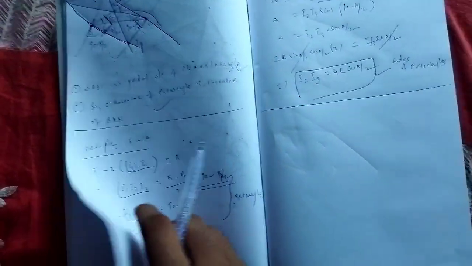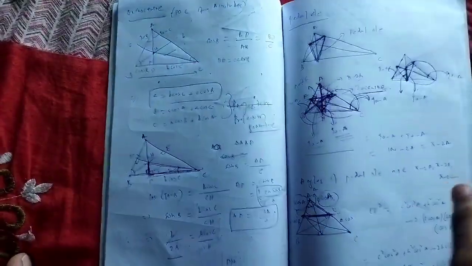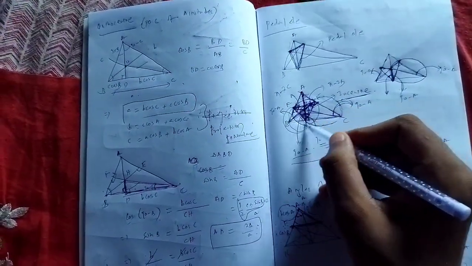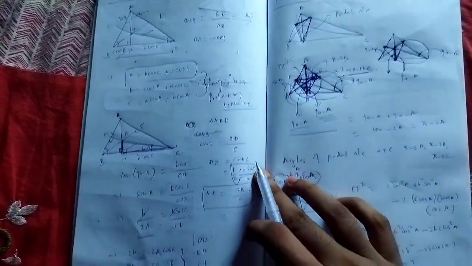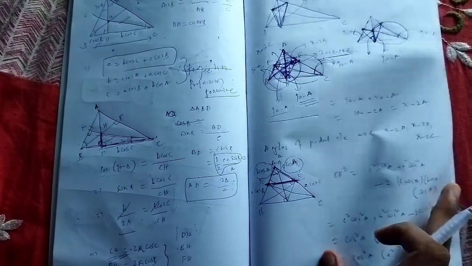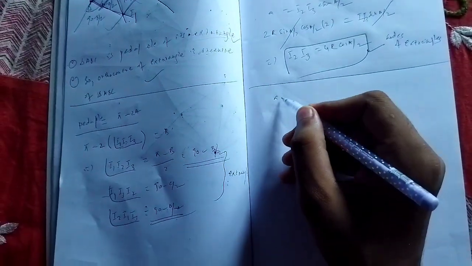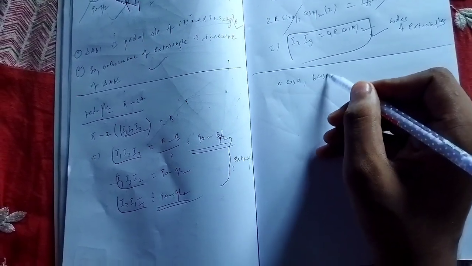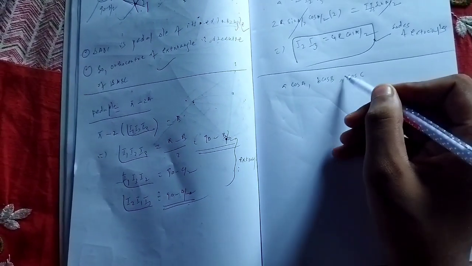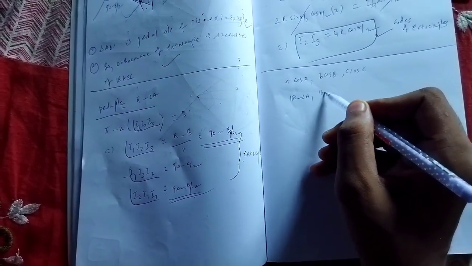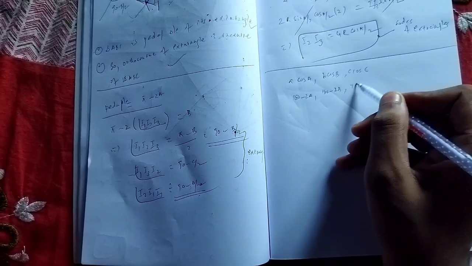Let us first find the circumradius of the pedal triangle. What is the circumradius of this pedal triangle? We can find it, simple. As we know the sides of the pedal triangle, A cos A, B cos B, C cos C, and the angles 180 minus 2A, 180 minus 2B, 180 minus 2C.